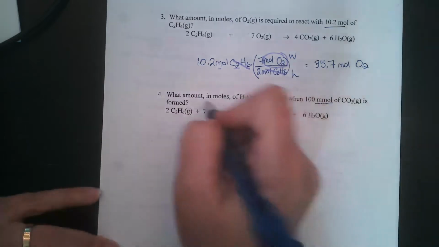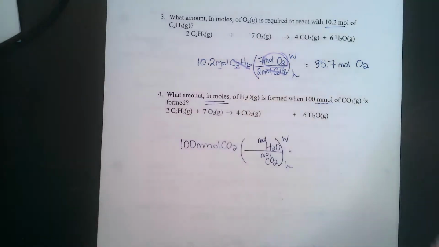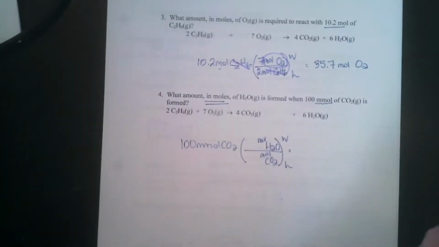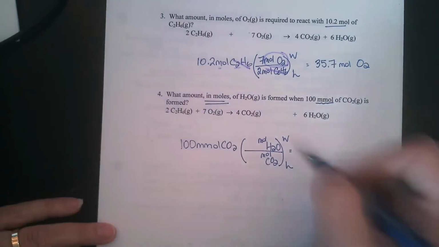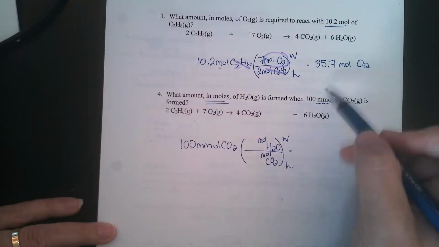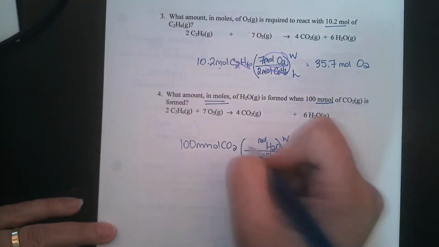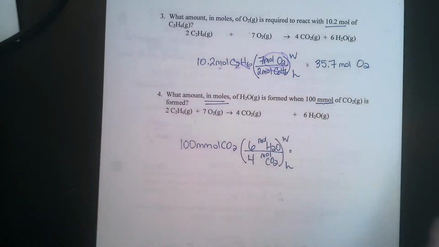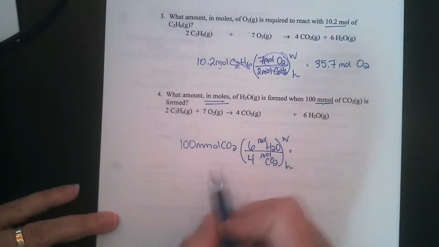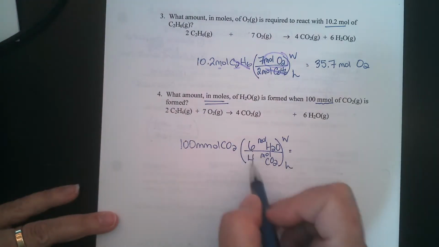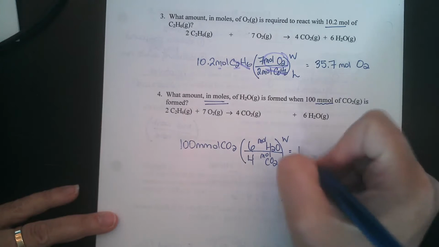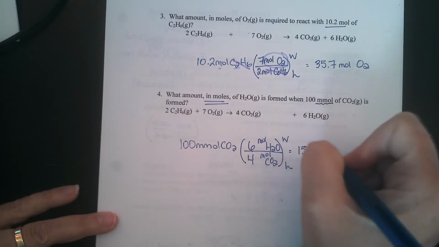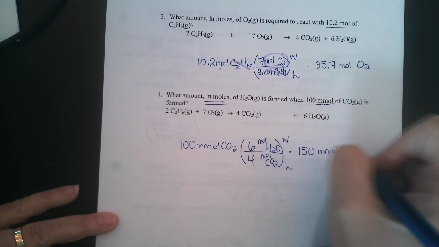And this is asking for in moles, so we've got to change a little bit here, but just give me a moment. Okay, so when I look here, I have 6 moles of water and I have 4 moles of carbon dioxide. And so the first thing that I'm going to do is just do this math. I'm going to go 100 times 6 divided by 4, and I get 150 millimoles of H2O.